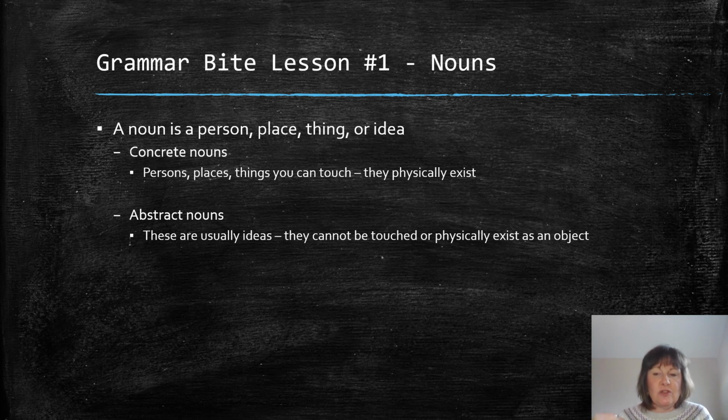You might be able to use one of your five senses to know that it exists. Maybe you can't see it, but you can smell it or hear it. An abstract noun is different. With an abstract noun, we're usually talking about ideas. These are things that we cannot touch or things that do not exist as an object. We'll look at the difference between these two and clear that up in a second.